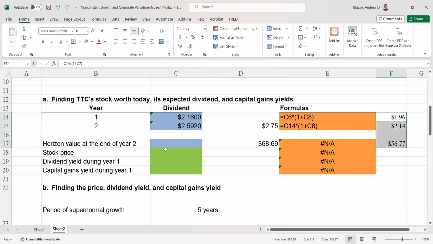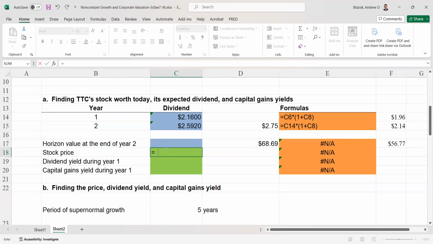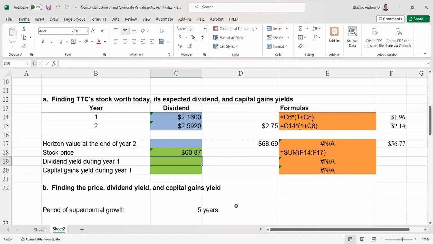So the stock price is going to be equal to the sum of all future cash flows, which are these. This is the present value of all future cash flows. So the stock price would be $60.87. And then if I want to find out the dividend yield, we're trying to find the dividend in the first year.